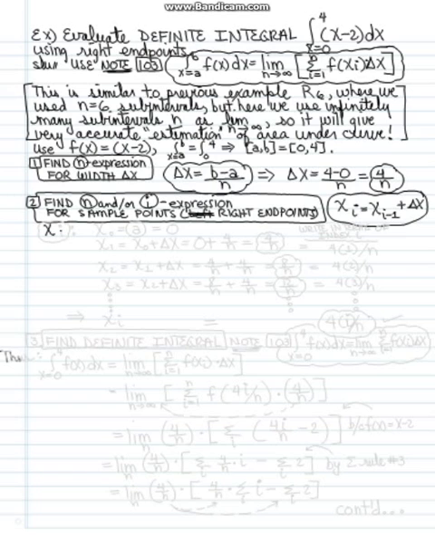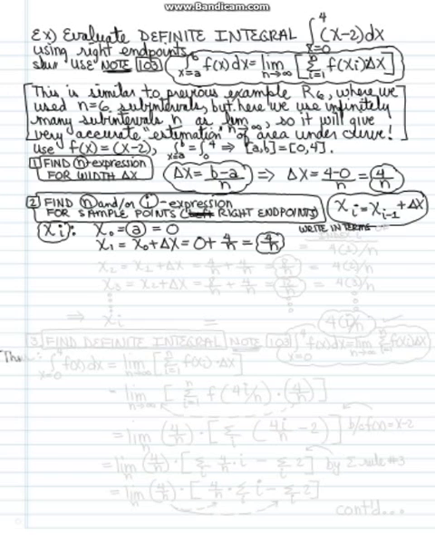Let's see a pattern here. x sub 0 is equal to a. That's our first x value, that's 0. x sub 1 is 0 plus the delta x that we calculated in the previous step, 4 over n. So that's equal to 4 over n.